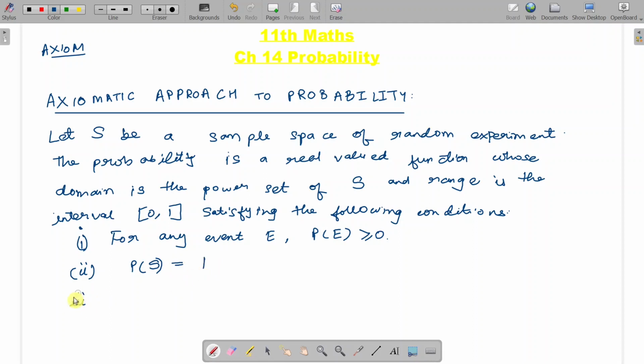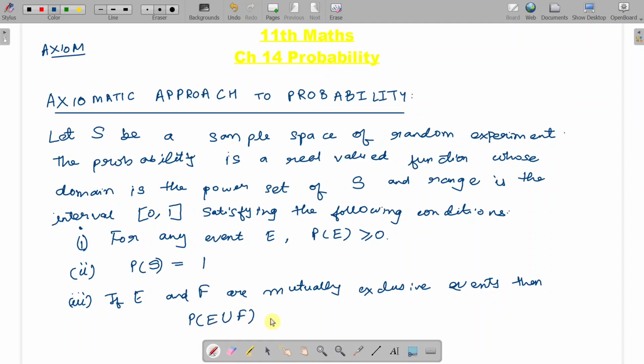And third, if E and F are mutually exclusive events, then probability of E union F is equal to probability of E plus probability of F. So these are the three conditions that the probability function satisfies.